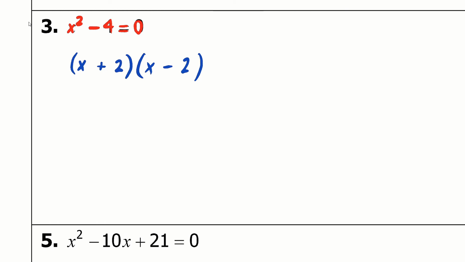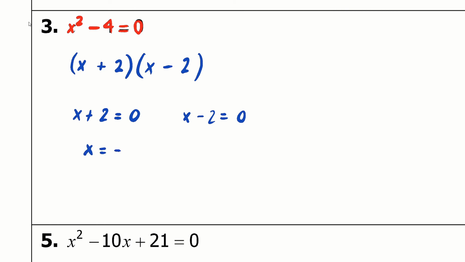So there's my factors. So what are we supposed to do with them? What's step 3? What's the new thing that we're doing today? We're taking those factors, x plus 2, setting it equal to 0, and x minus 2, and we're setting it equal to 0, and we're finding the places where this graph crosses the x-axis. And look at it.